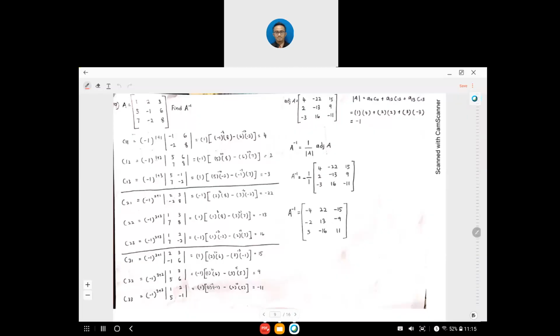Now look at question 19. You have matrix A: 1, 2, 3, 5, negative 1, 6, 7, negative 2, 8. Find A inverse. So this one, your friend used the cofactor method.